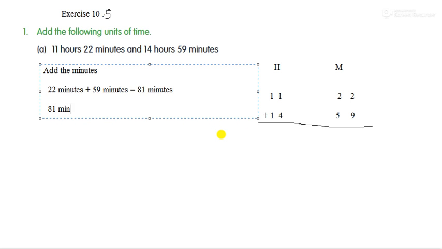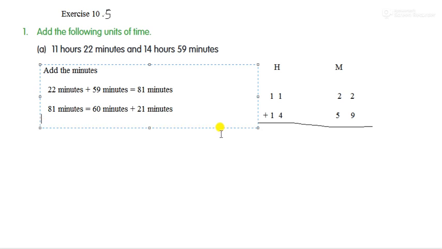So this 81 minutes we have to cut it into 60 minutes plus 21 minutes. This 60 minutes we will write it as 1 hour.